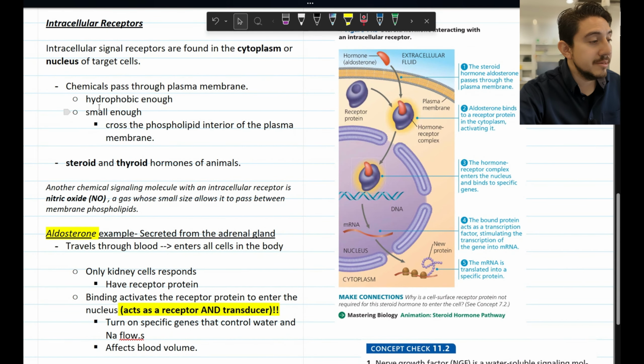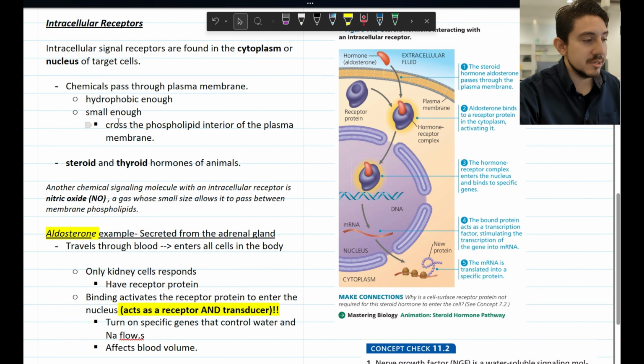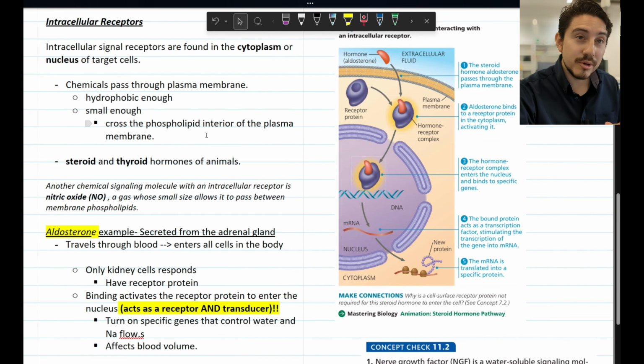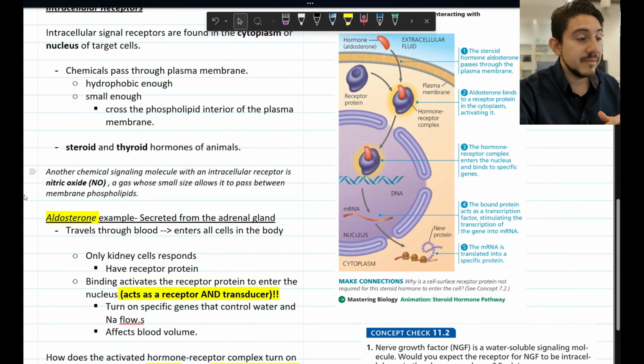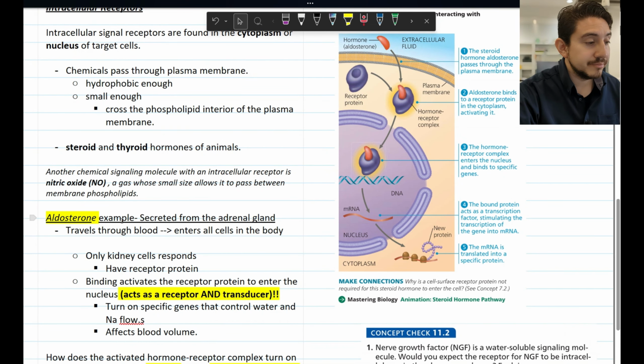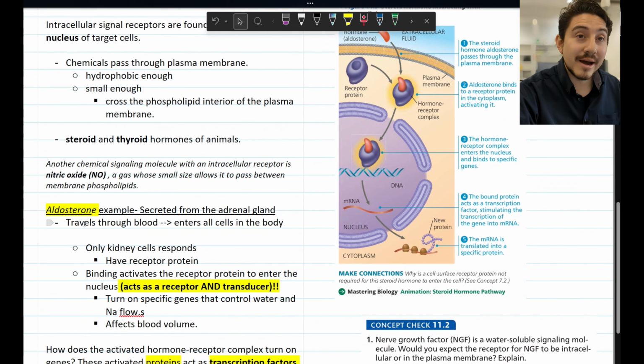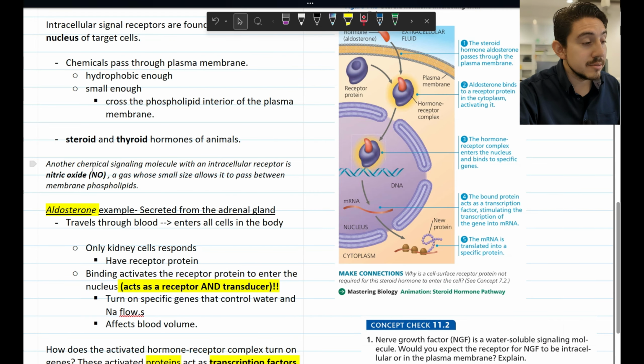Chemicals pass through the plasma membrane all the time if they are hydrophobic enough and if their size is adequate, so they can cross through the phospholipids of the plasma membrane. Some examples could be steroid hormones or hormones coming from the thyroid gland of animals.